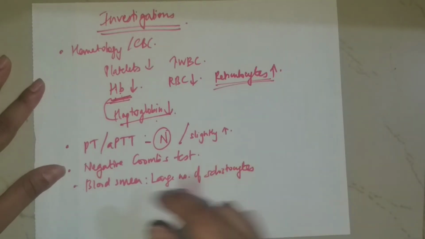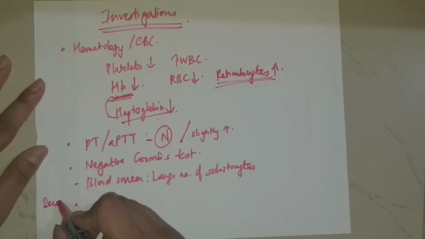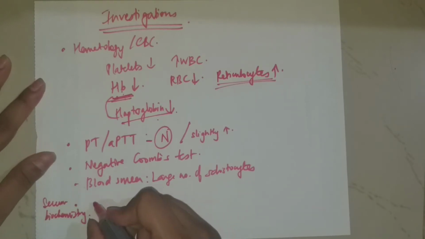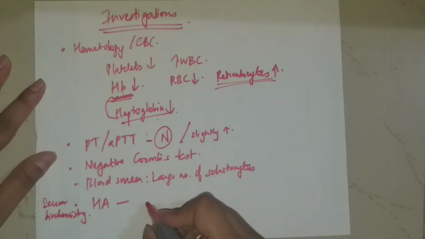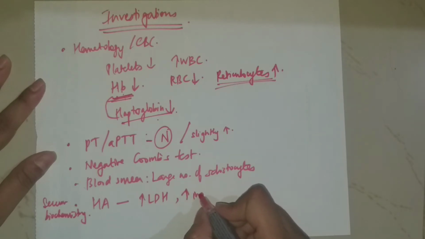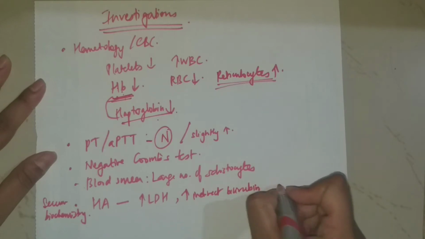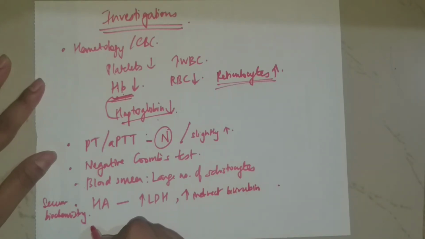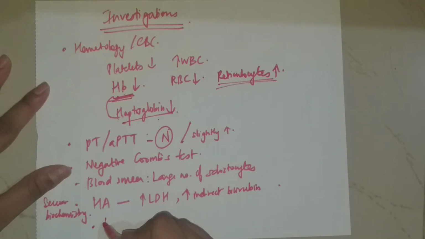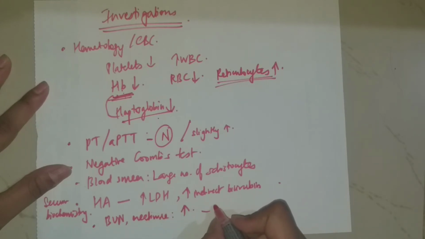Okay. Now, one more important thing, in the serum, if you look at the serum biochemistry, since it is a hemolytic anemia, as you know, there is increased LDH levels, there is increased indirect bilirubin, which causes the jaundice. Also, in the serum, when you measure the blood urea nitrogen and the creatinine, both are elevated because there is impairment of the renal function.